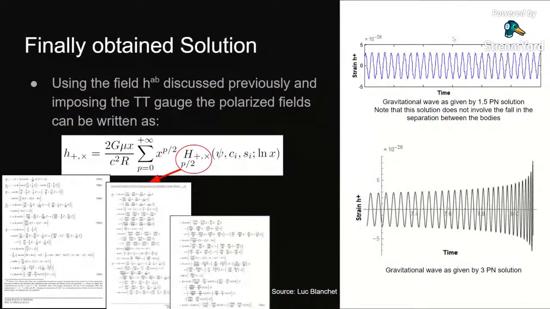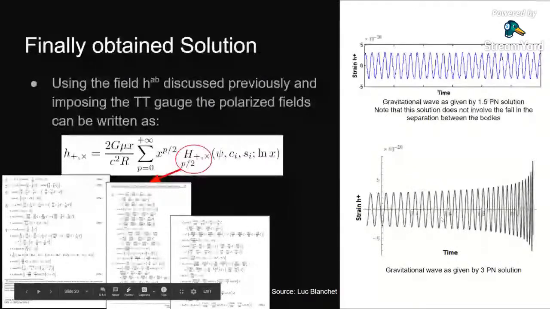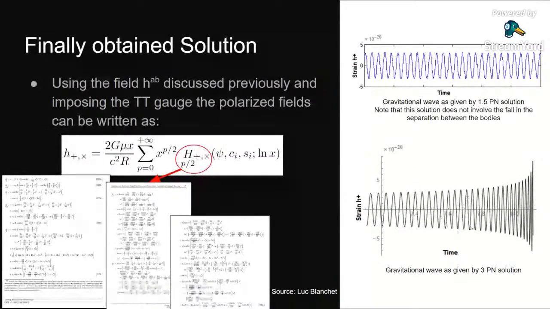While if we introduce the third PN solution, the amplitude of the wave clearly starts to increase, which tells us that the bodies are coming closer to each other and getting more and more violent. We can't go beyond this because they're so close now.